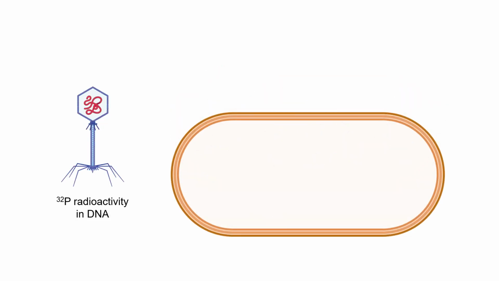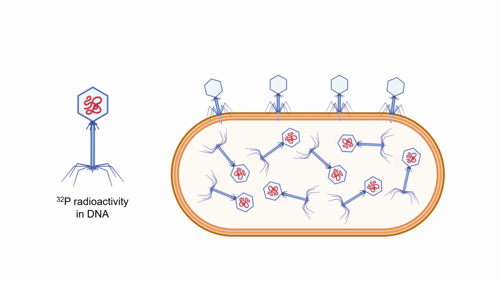The second experiment was done with a DNA-labeled virus. Here the virus attaches on the surface of a bacteria, and they inject the DNA into bacteria. After some time, they formed new virus particles.